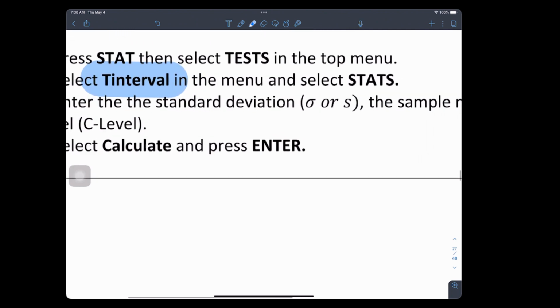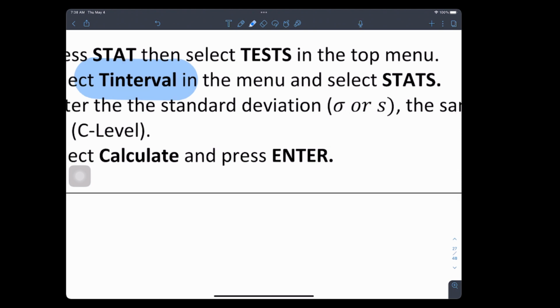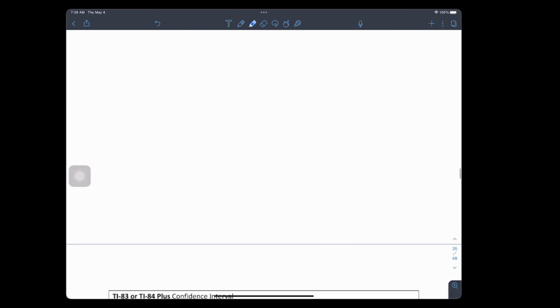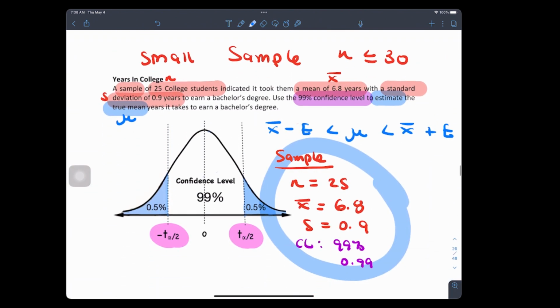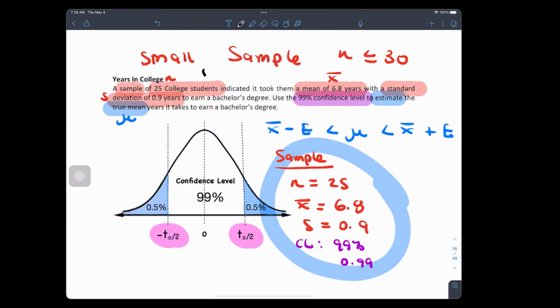The T interval. Not the Z interval. The T interval. You say, why? Because you have a small sample. T interval for the TI.